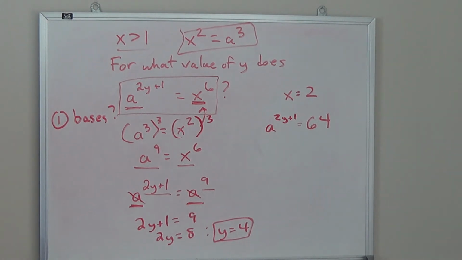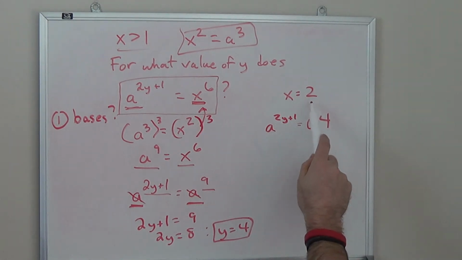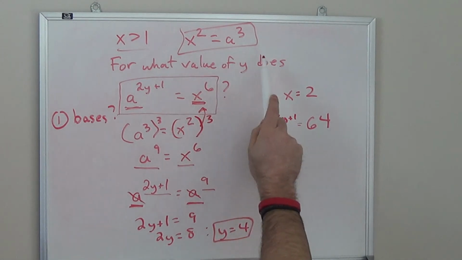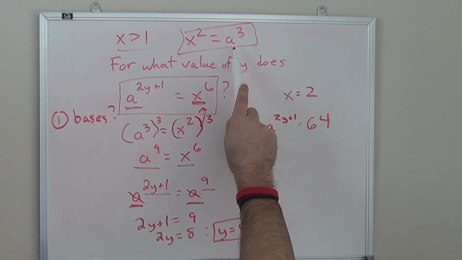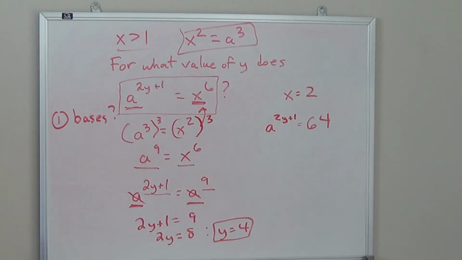If we're going to make x 2, 2 squared is 4, so some number cubed is going to be 4, which is why you really don't want to do this. Could you do it? You could. Take your calculator out, take the cube root of 4, and that would be a. Pop that in there.